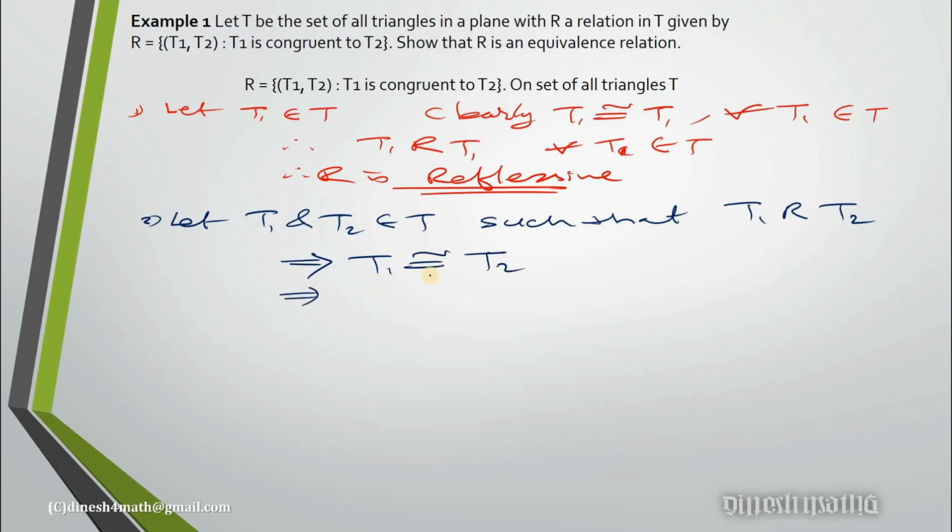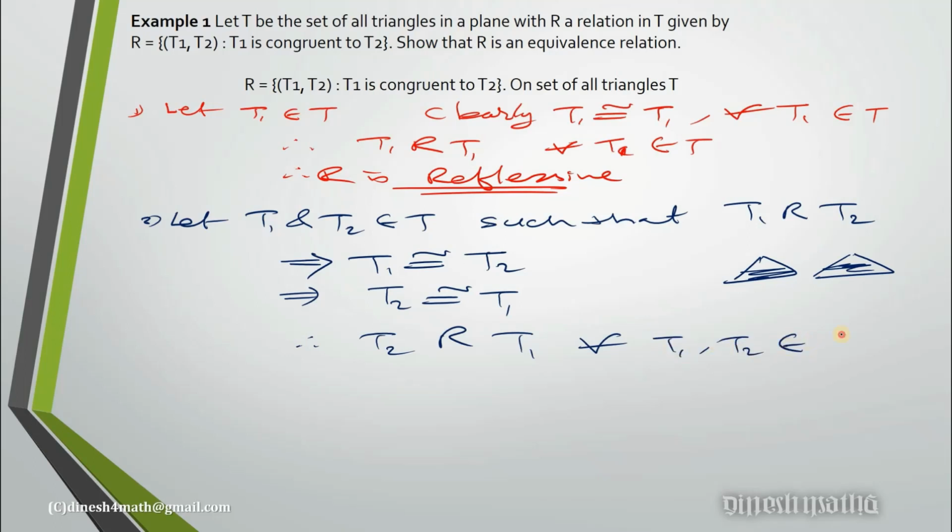Now if T1 is congruent to T2, can I say T2 is also congruent to T1? Clearly, if one triangle is congruent to the other, both will be the same size. So that will be congruent. Therefore T2 is related to T1 for every T1, T2 belonging to the set of all triangles. So R is symmetric. Okay, so that will be the second part.